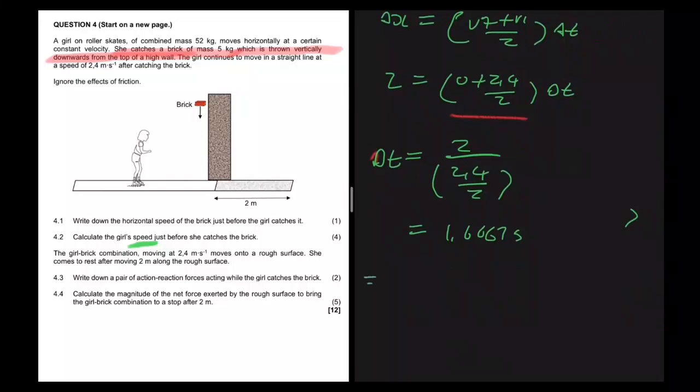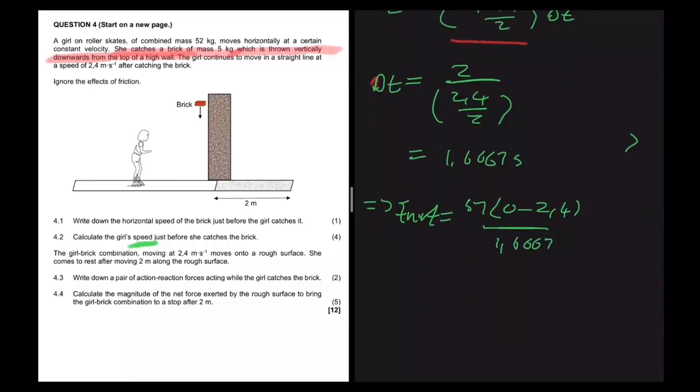So Fnet is equal to 57 times 0 minus 2.4, divided by 1.6667. If you put that in your calculator, we get minus 82.0784, so we can just say 82.0784 newtons.